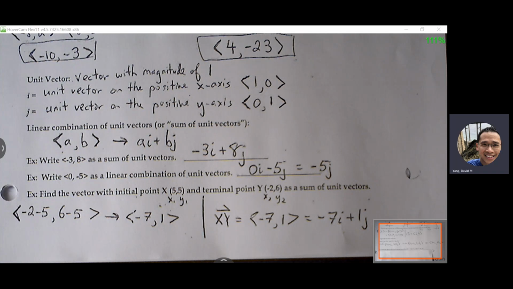Your ending point minus your initial point. So -2 minus 5 and 6 minus 5, which gives us component form of -7, 1. And then converting that to unit vectors, I just say -7i plus 1j. So the brackets drop out, you replace it with a plus sign in between, and you put i for the first and j for the second.